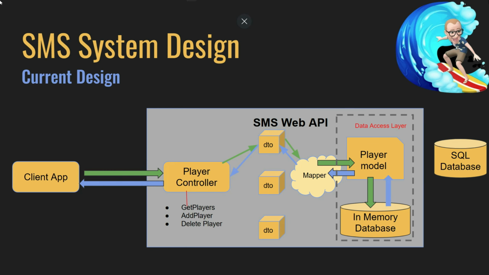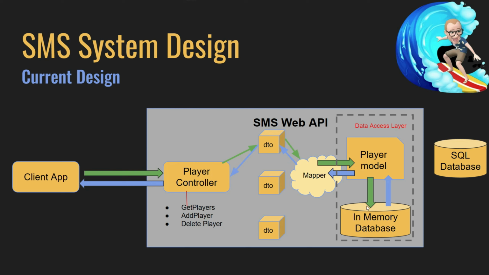So at the moment this is our current system, and if you've been following on through all the other videos, you know that we've done lots of different things now. We've created data validations, we created DTOs and the mappings of those DTOs to actual underlying model objects.